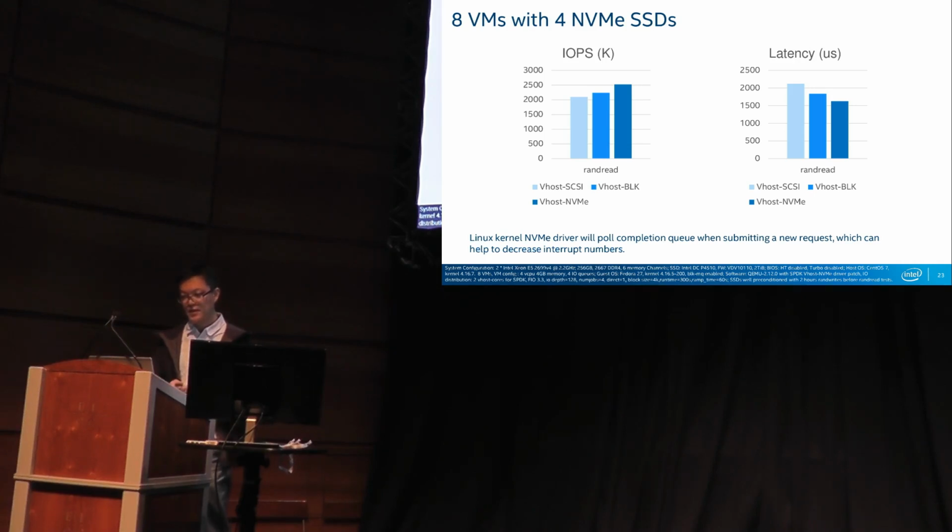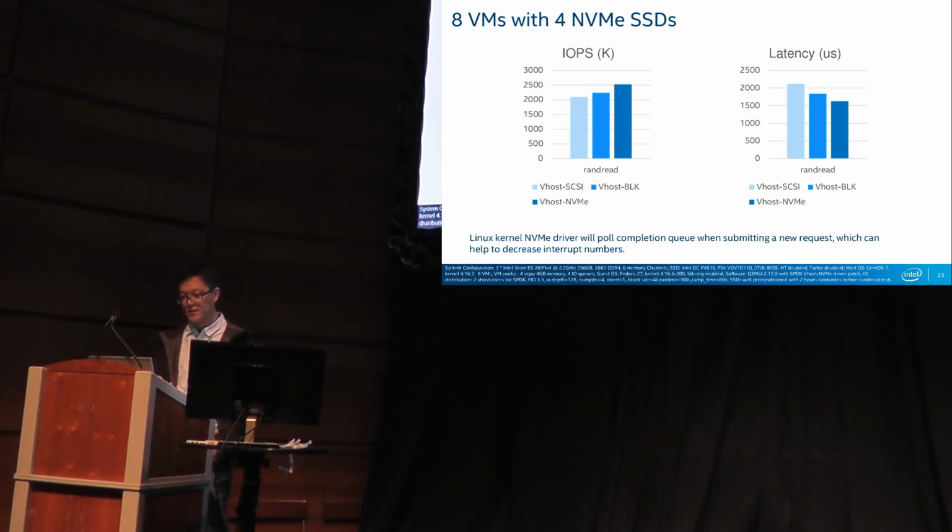So one question here is, because the Linux NVMe driver will poll the completion queue while submitting a new request to the submission queue. So with this optimization, which can help to decrease some interrupt numbers, it will help with the latency part.